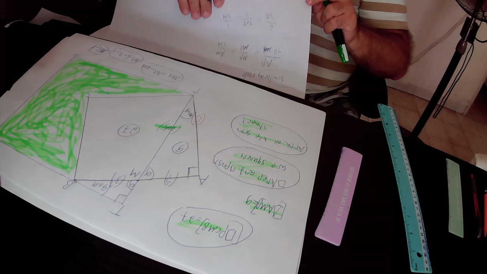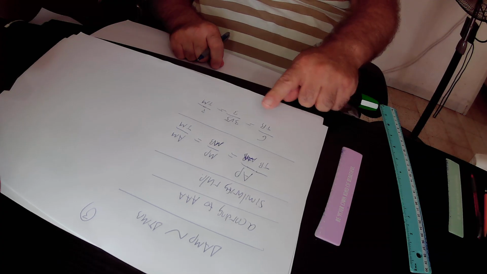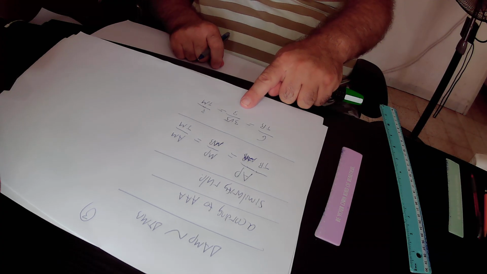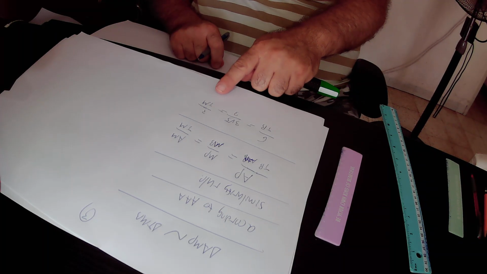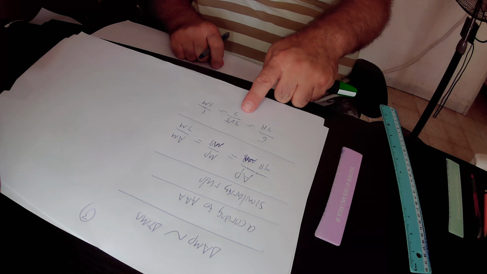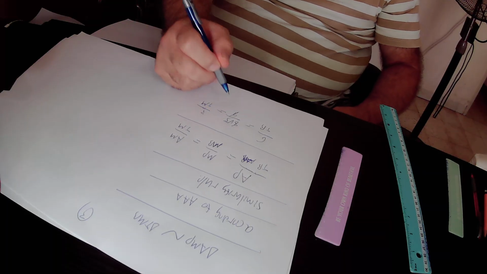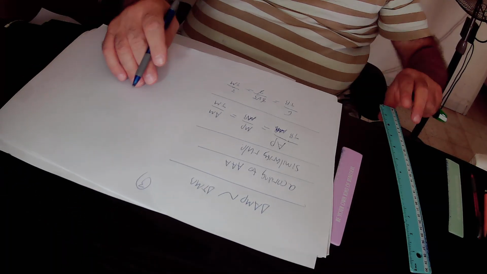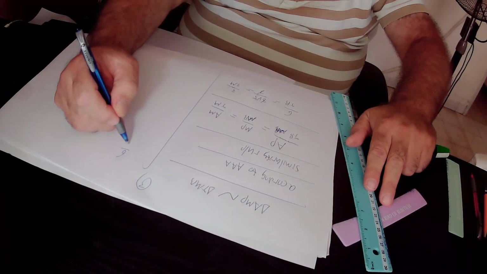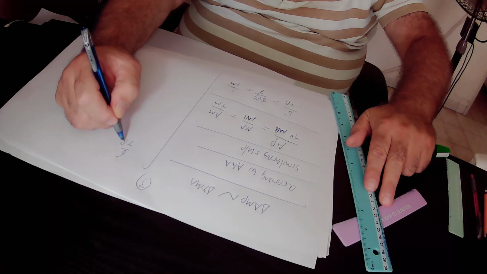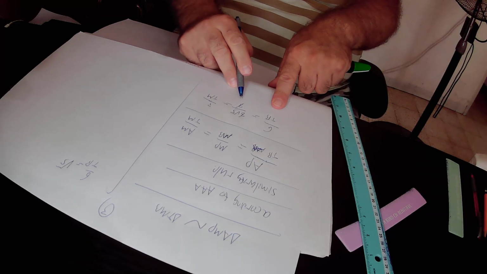So we found out that 6 over TB equals 3 over square root of 5, equals 3 times square root of 5 over 3, and it is equal to 3 over TM. We have 3 in the numerator and 3 in the denominator, so 3 will get cancelled. And after we cancel 3, we found out that 6 over TB equals the square root of 5. Those two sides are equal to each other.